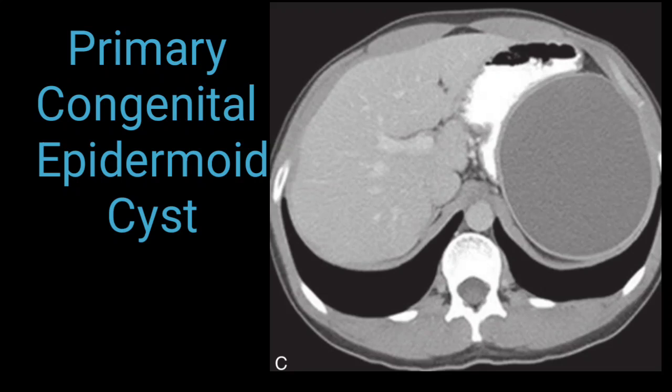Still, splenic parenchyma is not visible because this large cyst is occupying the entire splenic parenchyma. On this image, the liver is clearly visible on the splenic side, although the spleen is not visible, but you can well appreciate this primary congenital epidermoid cyst with a clear wall in the vicinity of the spleen.